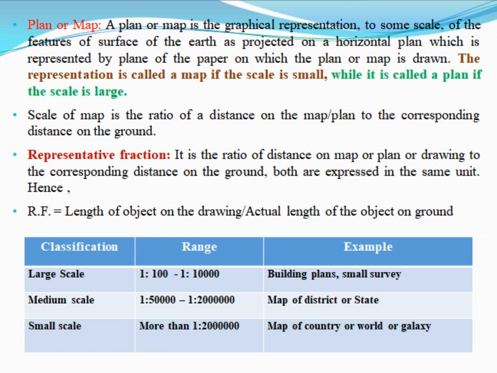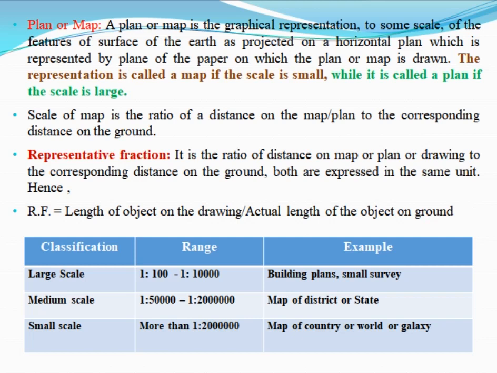Okay. The scale of a map is the ratio of the distance on the map or plan to the corresponding distance on the ground. So, the representative fraction is the ratio of the distance on the map or plan or drawing to the corresponding distance on the ground. Nothing but the ratio of the length of the object on the drawing to the actual length of the object on the ground.